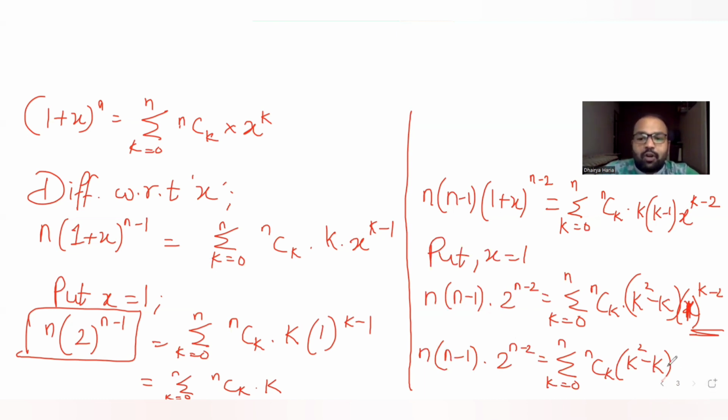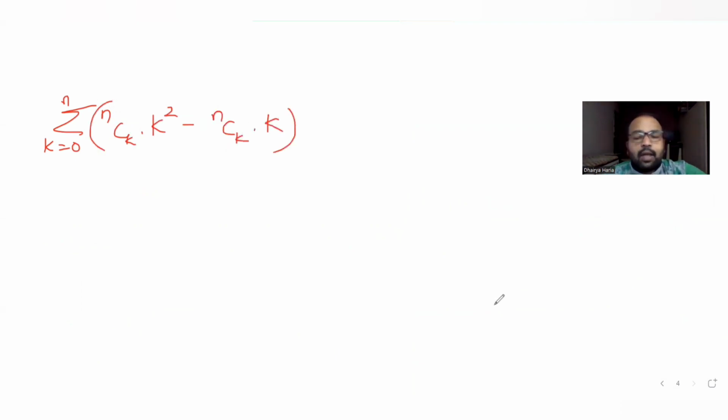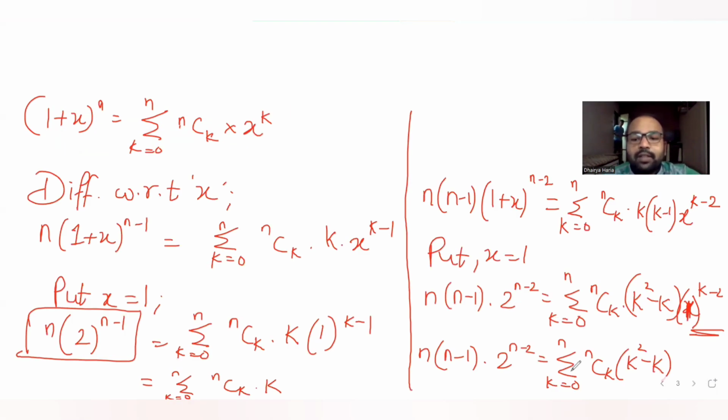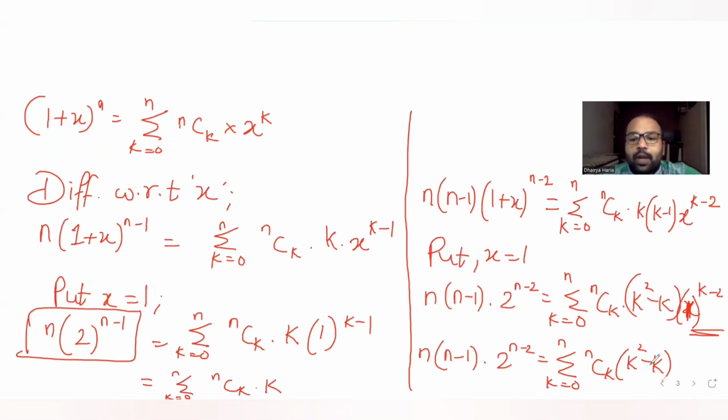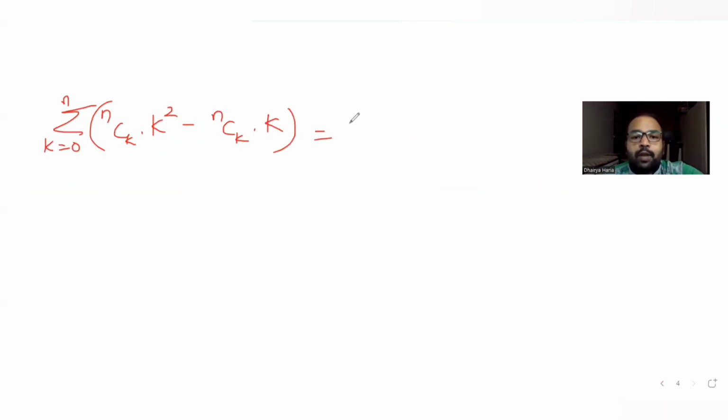Further, if I want to solve this, I know summation of k equals 0 to n, nCk into k square minus k. I'm just multiplying k square minus k with nCk. If I multiply, I get n into n minus 1 into 2 raised to n minus 2.